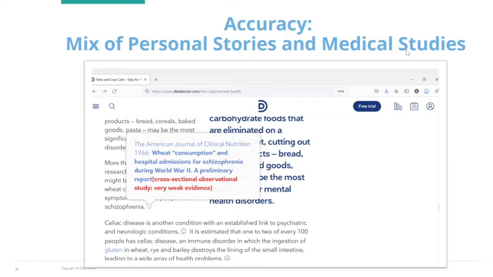The other thing is that on this website, they've lumped in all of these different types of medical studies, touting information that the ketogenic diet can work for a variety of mental health conditions, without actually discussing what all of these different medical studies mean.